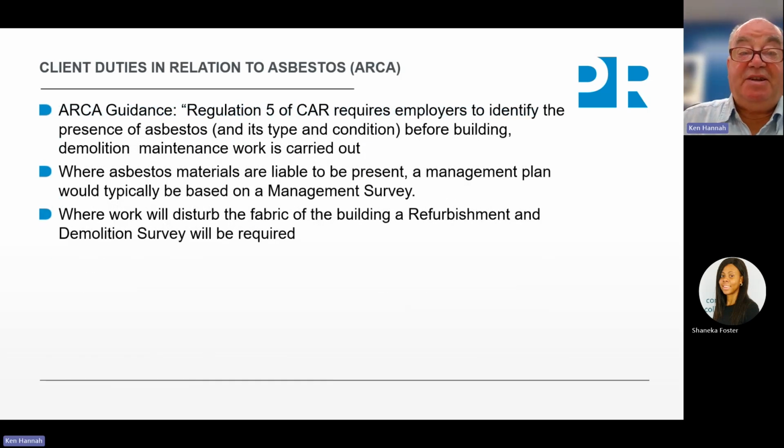So, client duties in relation to asbestos, as described by the Association of Asbestos Removal Contractors, otherwise known as ARCA. ARCA guidance says Regulation 5 of the Control of Asbestos Regulations requires employers to identify the presence of asbestos, its type and condition, before building demolition or maintenance work is carried out, and that includes inspections, intrusive inspections, and intrusive surveys.